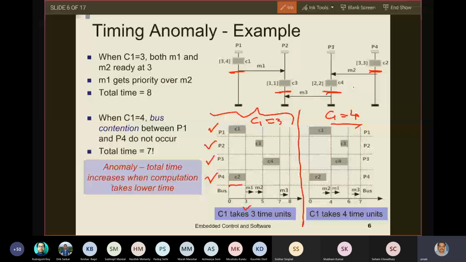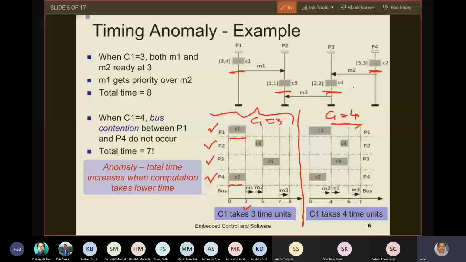So both generate messages, M1 and M2, at the same time, at time 3. Now, because M1 has higher priority, why does M1 have higher priority? Because we said that for buses, P1 has higher priority than P2. So if P1 has a message to send, it will be able to send.